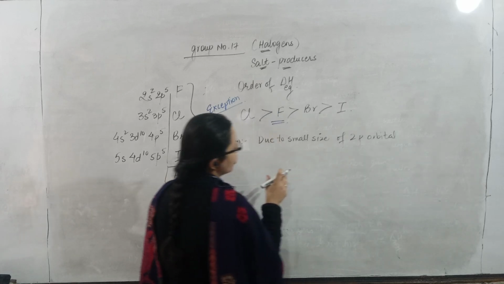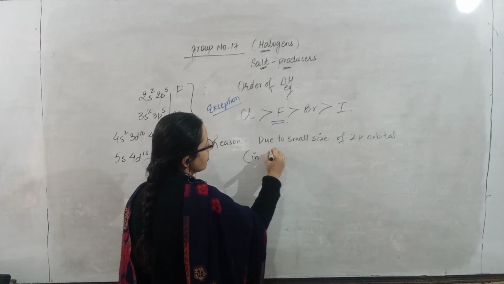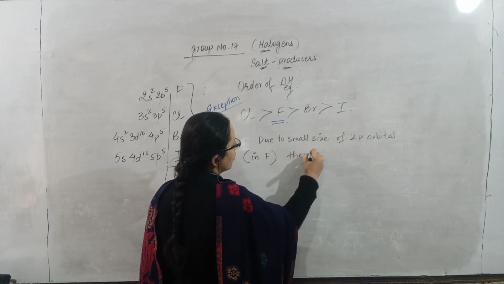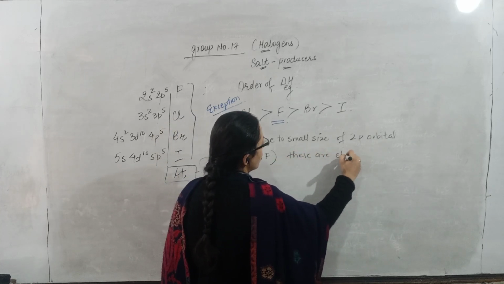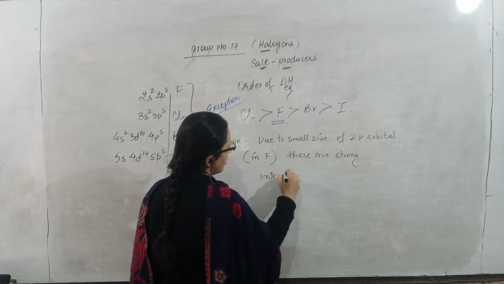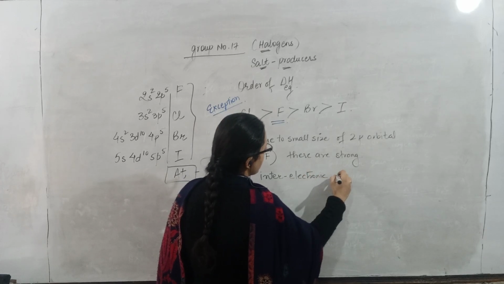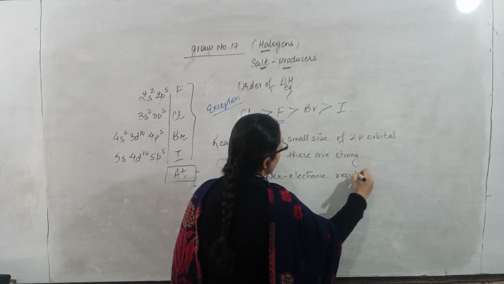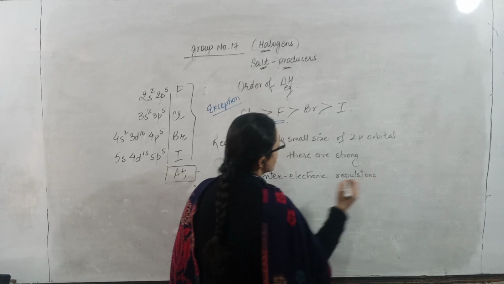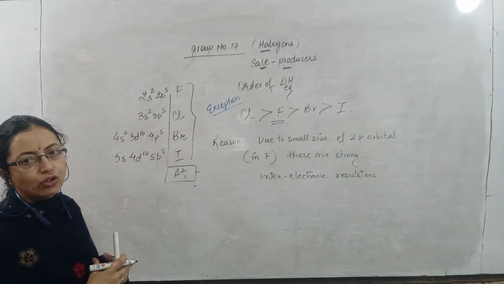We're talking about fluorine, right? So because of the small size of the 2p orbital in fluorine, there are strong inter-electronic repulsions. Because of the smaller size, the electrons are very close together.